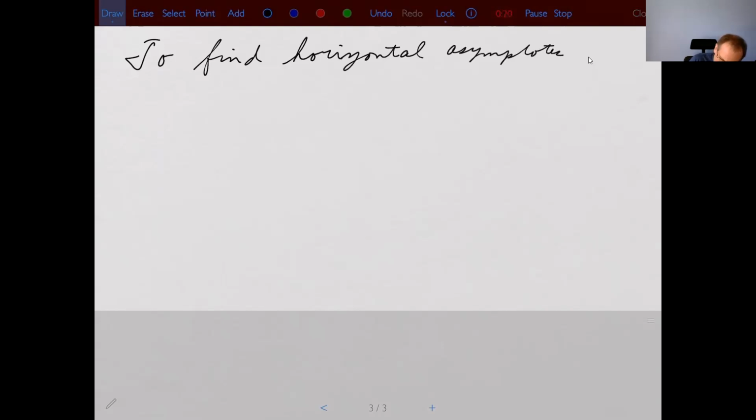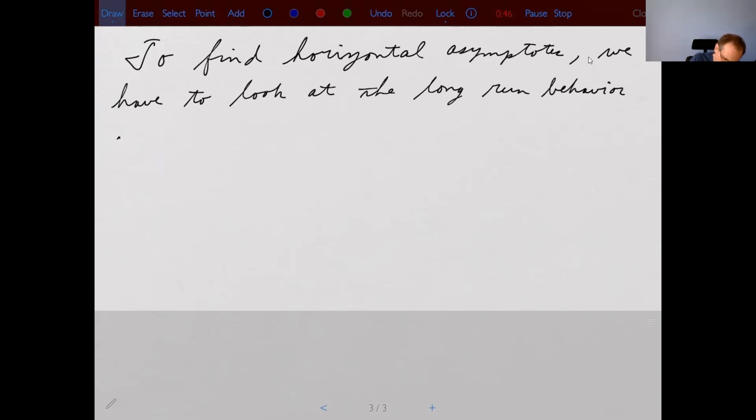Okay, so to find horizontal asymptotes, we have to look at the long run behavior of the rational function, which depends on the ratio of the leading terms of the numerator and denominator functions.